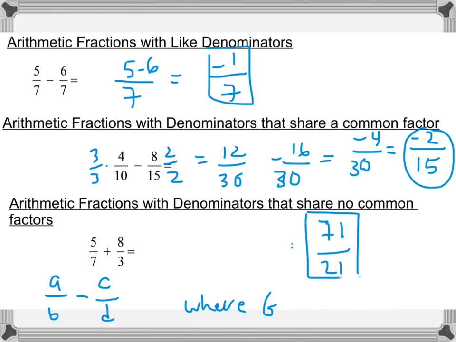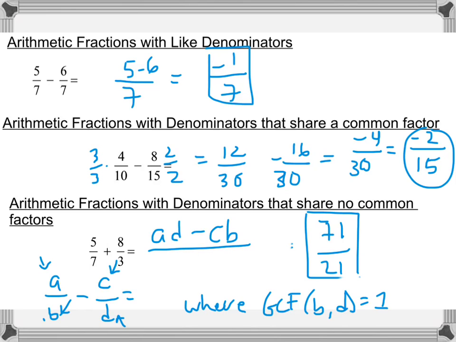It's where the greatest common factor between B and D is equal to 1. What you can do is multiply the numerator of the first one times the denominator of the second one. That's AD minus, and you can multiply the numerator of the second one times the denominator of the first one, minus CB, and that's going to be all over B times D, the product of the two.